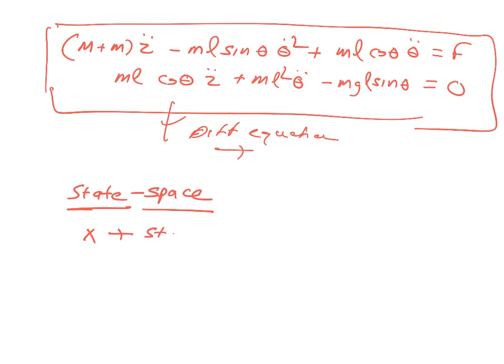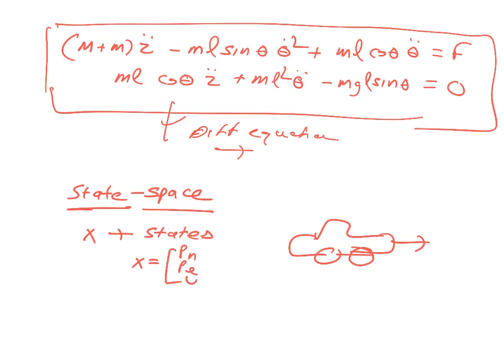So we have some states of the system, okay? So X is a vector that defines the state of a system. As I told, for example, for a car, my awesome car moving, we can have our states as P north, P east, and psi.